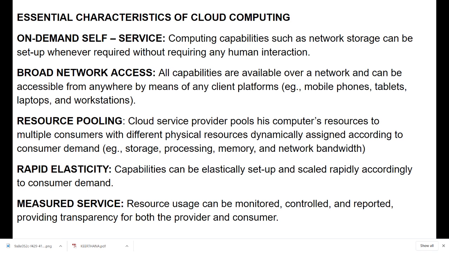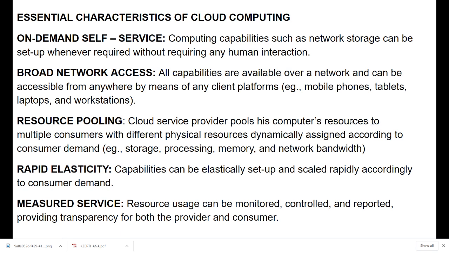Likewise, the resource usage is monitored by the provider and charged only for what has been utilized by the consumer. Resource usage can be monitored, controlled and reported, providing transparency for both the provider and the consumer. What we use, we have to pay. So this is about measured service.